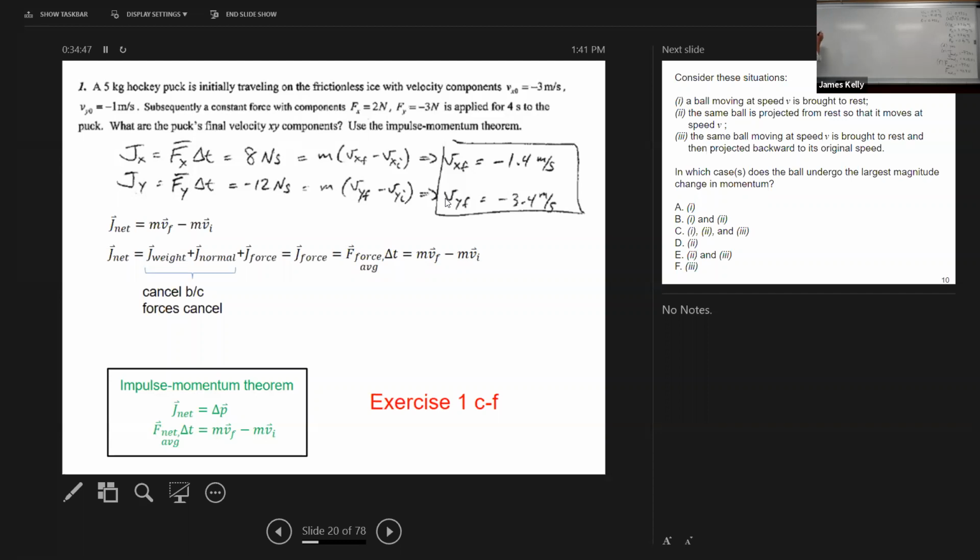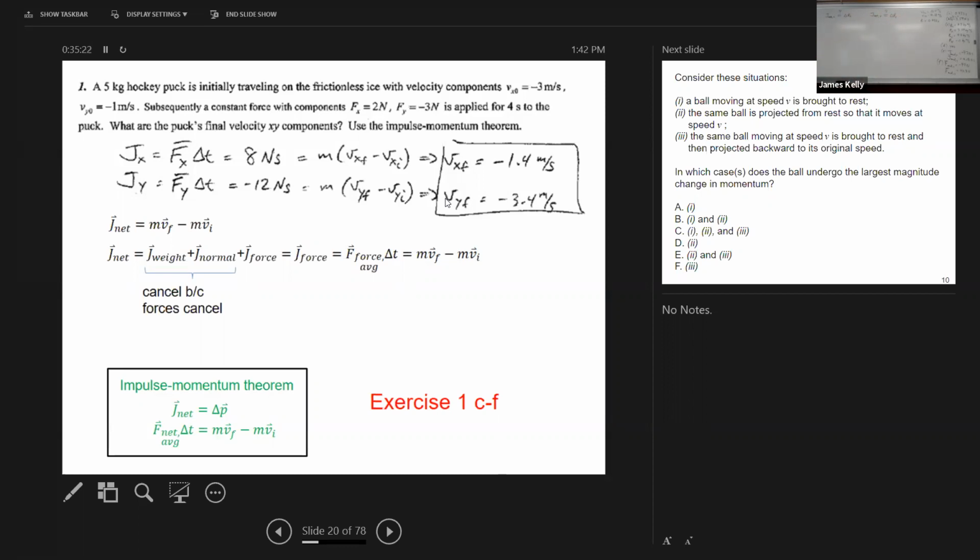So we're asking is, for example, is J net x component, remember that means add up all the x components of impulses delivered by different forces for the time period you're interested in, is that equal to the change in the x momentum? And also, is the net impulse y component equal to the change in the y momentum?